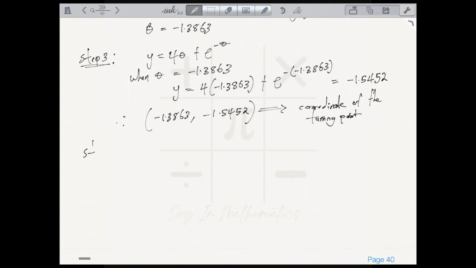And finally, in step 4, we are going to determine the nature. And we recall that if d²y/dx², now in this case we are using theta, so we can say if d²y/dθ² is greater than 0, the point signifies a minimum point.